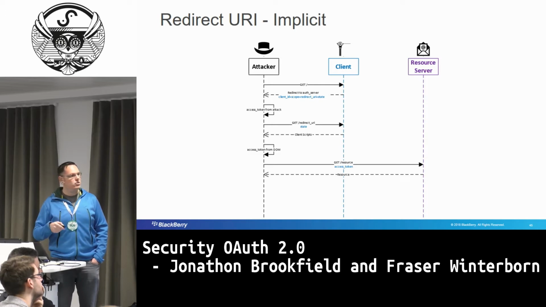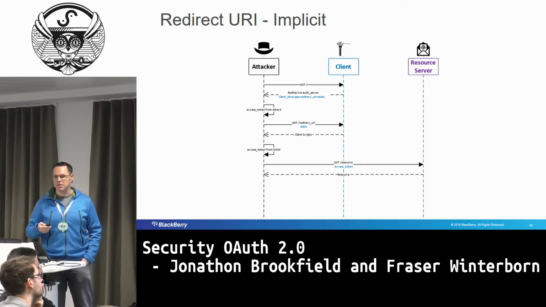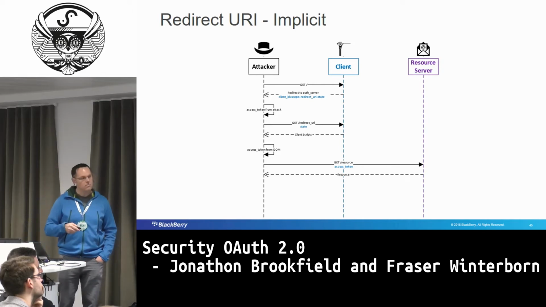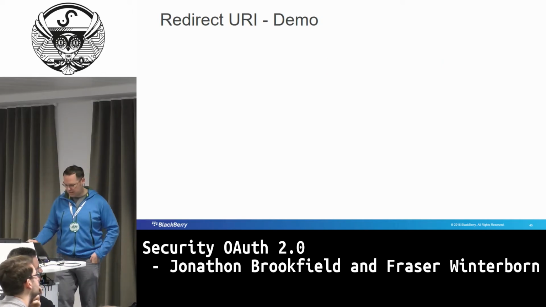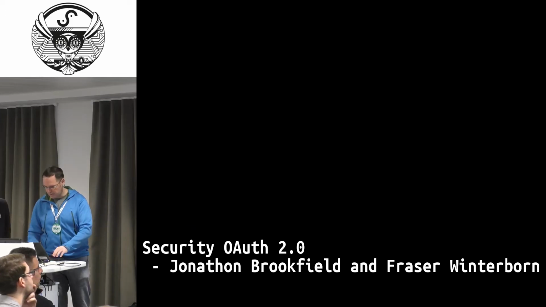Then once you have said access token, the attacker goes through the same OAuth flow with the client, substitutes the access token here, and at which point the client application running in the attacker's browser is accessing resources on the resource server as the user. And Fraser's going to demo that one now.